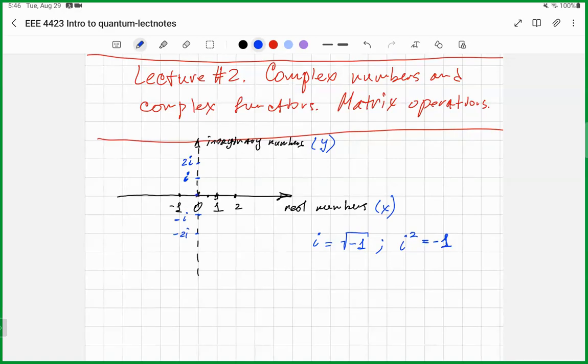Some students have problems with understanding these numbers, like why we need these numbers if we don't meet them in actual life. So why do we introduce these numbers?